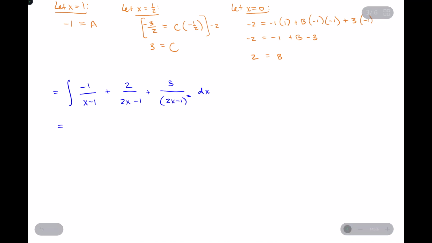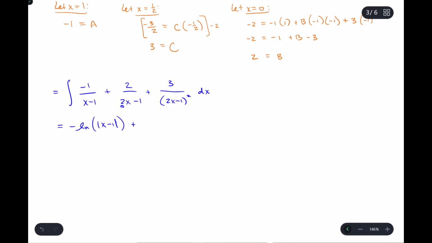So the first two terms integrate very easily. It's going to be negative natural log of absolute x minus 1 plus, then this one might get a little bit tricky because you do have to pay attention to the chain rule if you don't have a multiplier of 1 here. So far, all of our factors have just had a factor of 1.